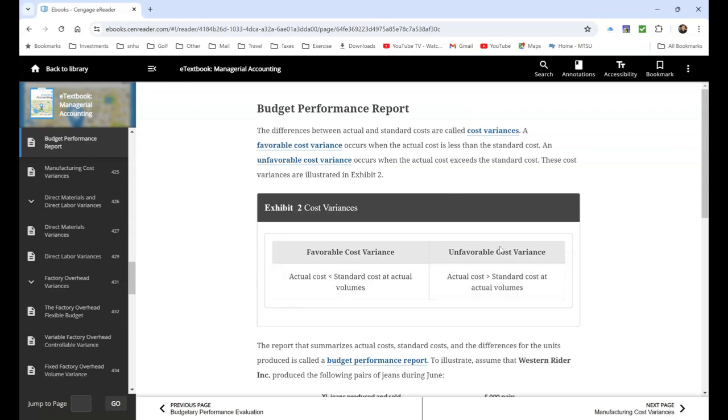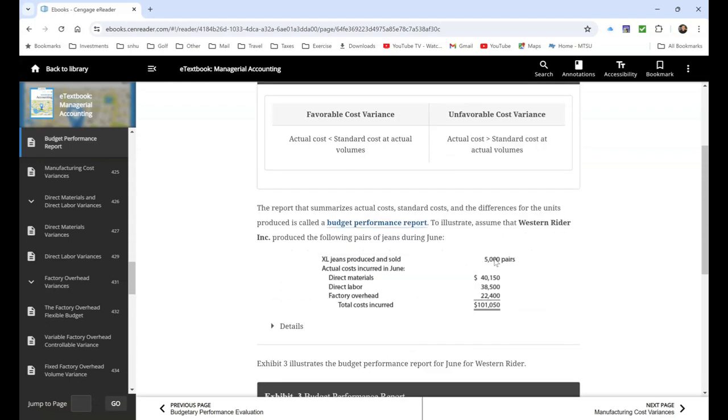An unfavorable cost variance is the opposite. It means that it costs you more than what your standard was. And then if you're a supervisor, it's going to be your responsibility for determining what that is, but you're going to have assistance from the accounting staff, and they're going to give you information.